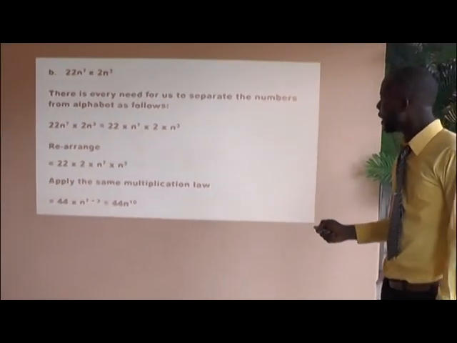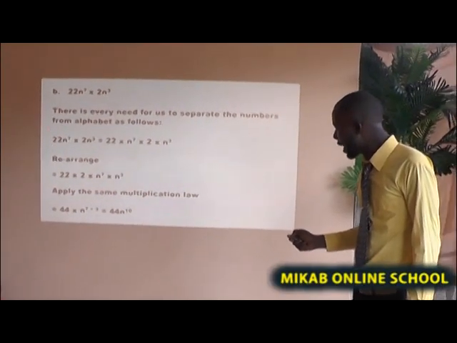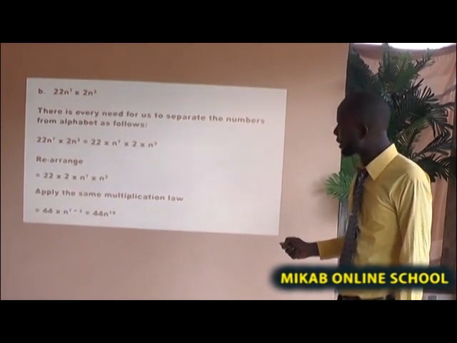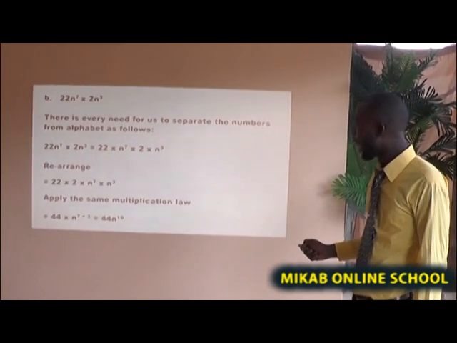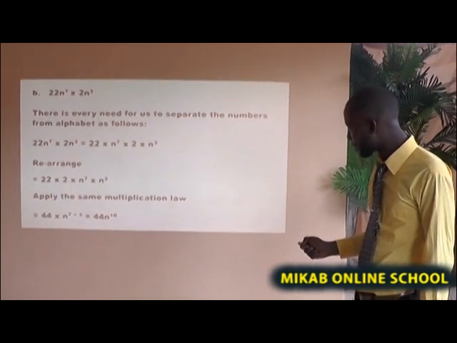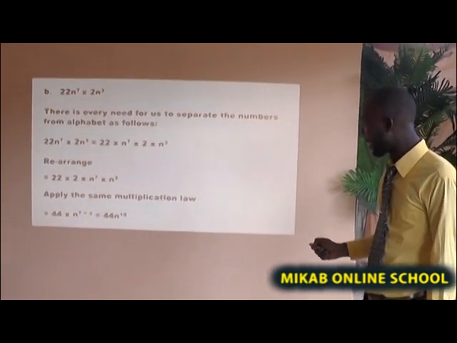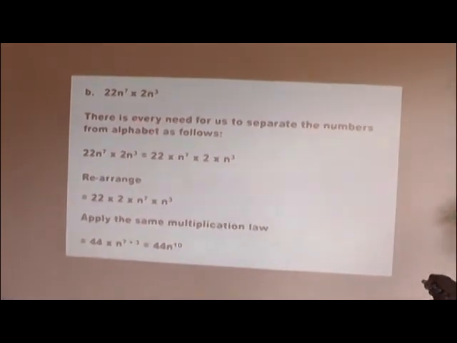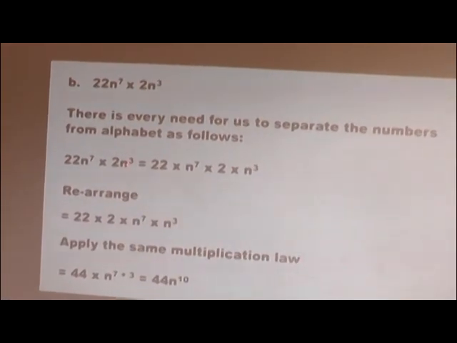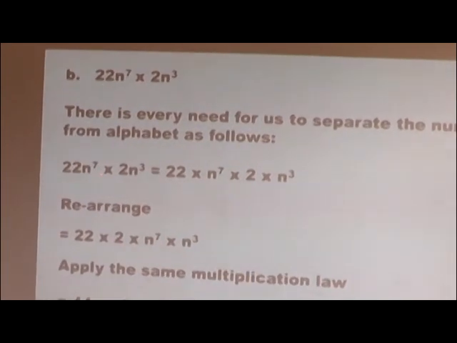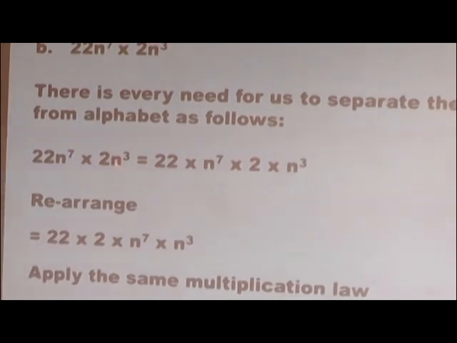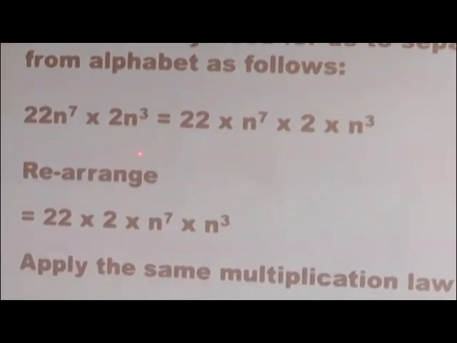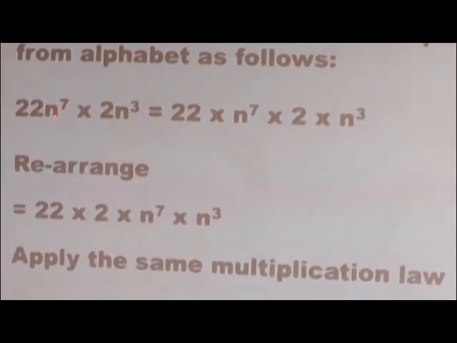Now, if you are given this, it does not mean that you are going to see only n with 7 or n with 3 in every question. It may likely be m or p, but if this is m and this one is p, you are going to leave them like that, because you cannot match m with p.